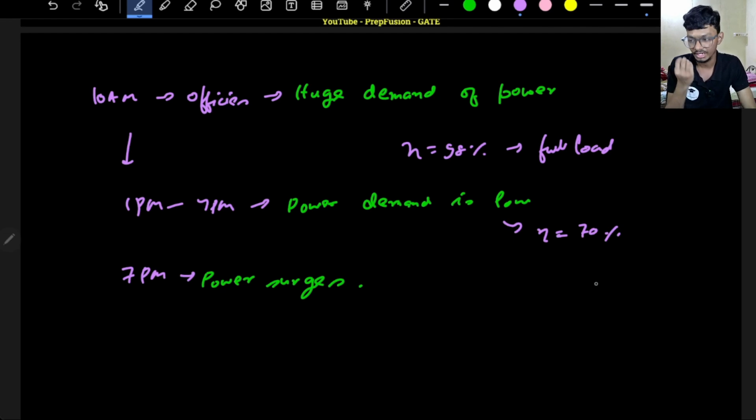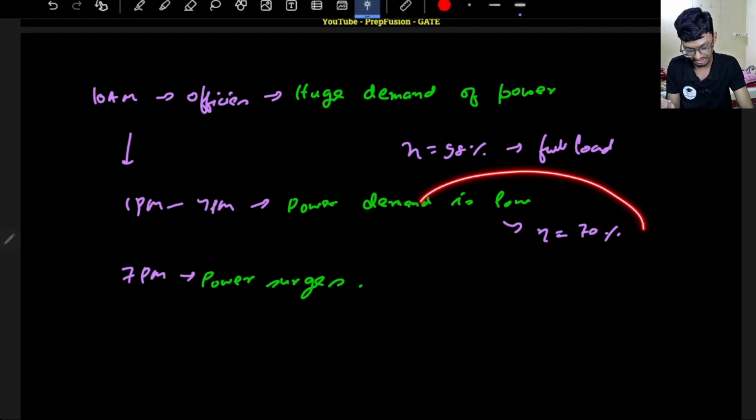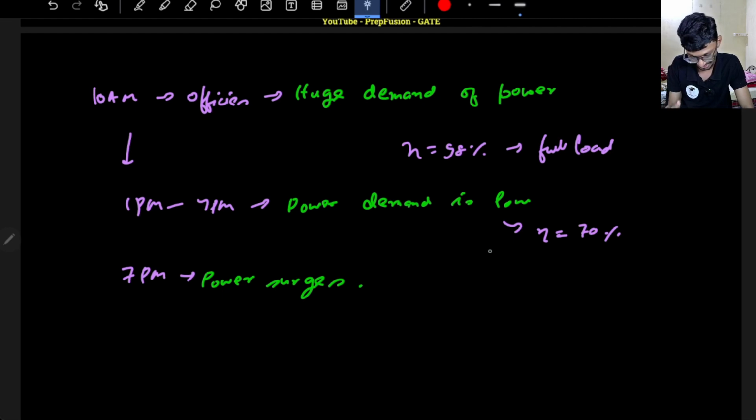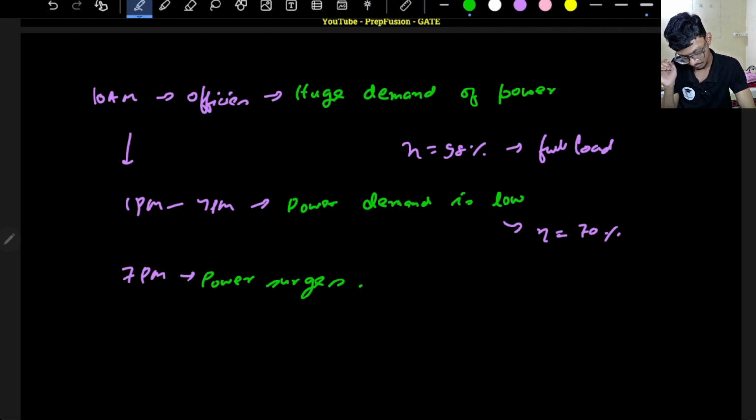Very bad, right? Because I will lose so much energy when it operates at less power. My handwriting is very bad, please ignore it.